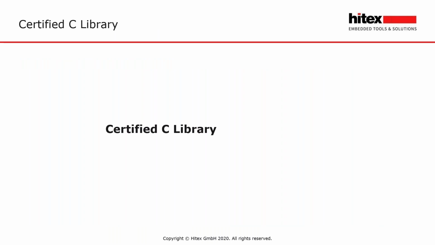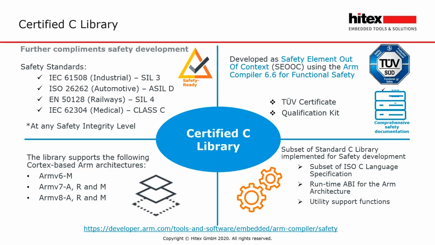So alongside the compiler toolchain, ARM also offer a certified version of the C library for use with the compiler. Again, this is certified over a wide range of standards, and it's certified as a safety element out of context. So this makes it a reusable software component that you can use across multiple projects.